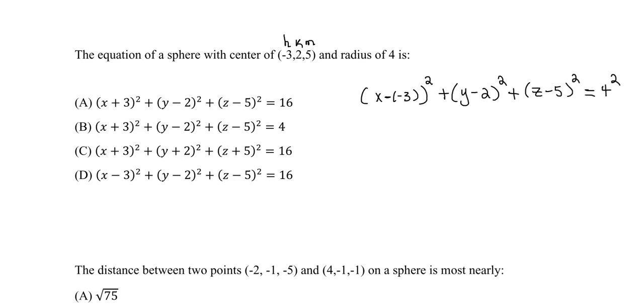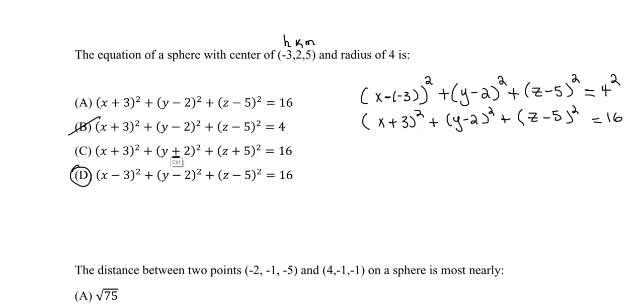So if you rewrite this, we have negative and negative is a positive, so it's x plus 3 squared plus y minus 2 squared plus z minus 5 squared equals 4 squared, which is 16, right? 4 times 4. So based on that, B is out. That was an easy one to rule out because it's not 4, it's 4 squared, which is 16. And we know x plus 3, and this is y minus 2, so we need D, right?